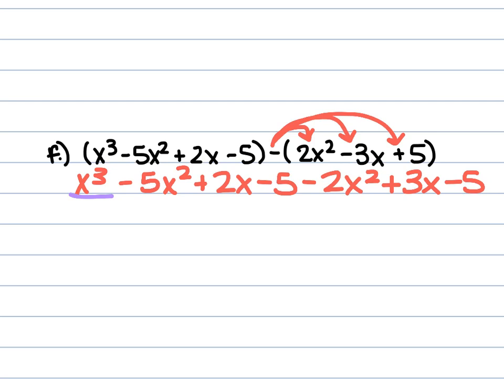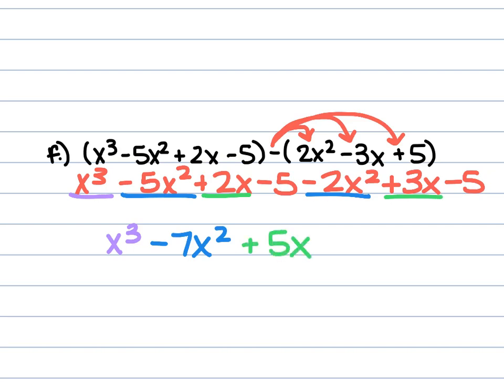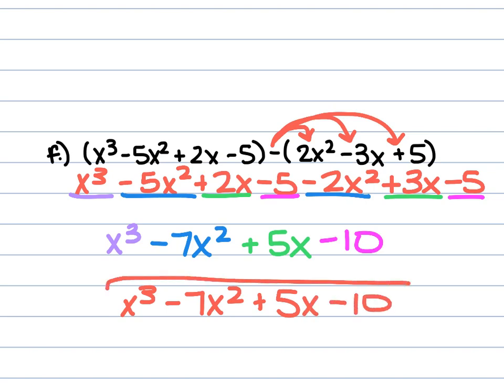So that x cubed doesn't match up with another x cubed. Drop it down. The negative 5x squared minus 2x squared is negative 7x squared. The 2x plus 3x is 5x. And the negative 5 minus 5 is negative 10. So we have x cubed minus 7x squared plus 5x minus 10.